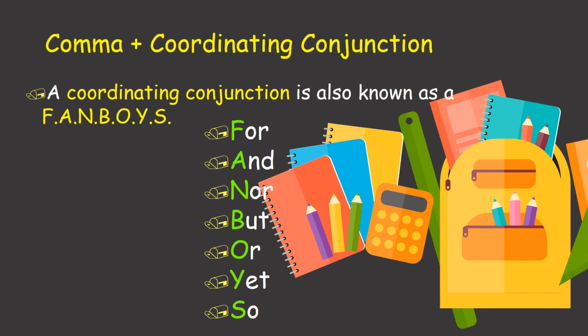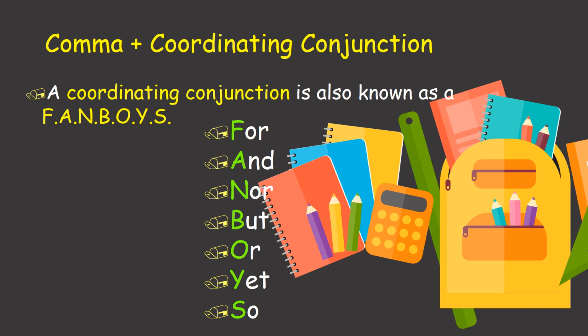Okay, children. Now you can see what the coordinating conjunctions are. There are 7 coordinating conjunctions in the English language which are used to link independent clauses. A coordinating conjunction is also known as a FANBOYS, so you can easily memorize these 7. What are they?